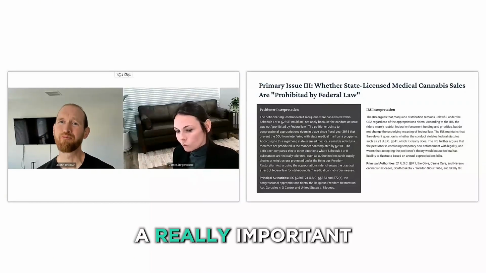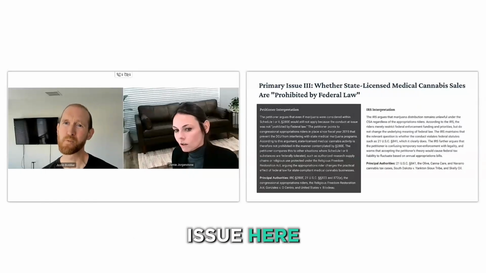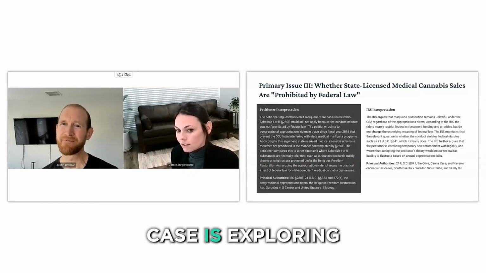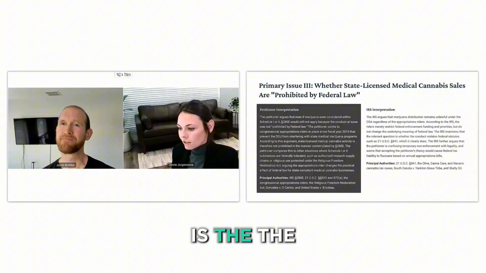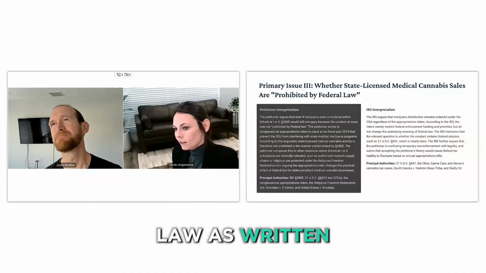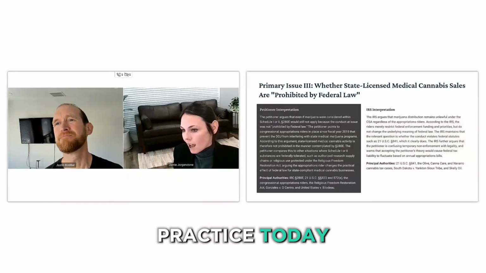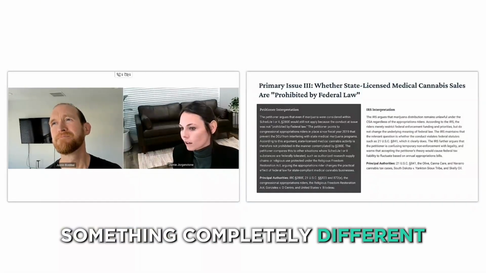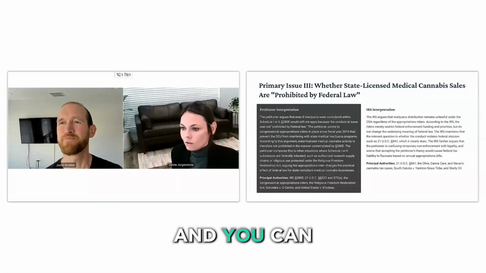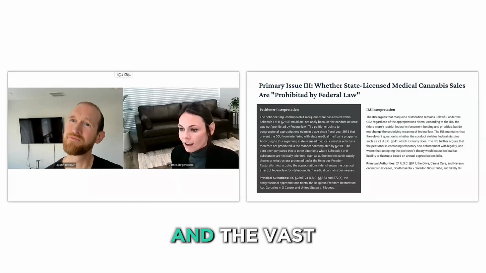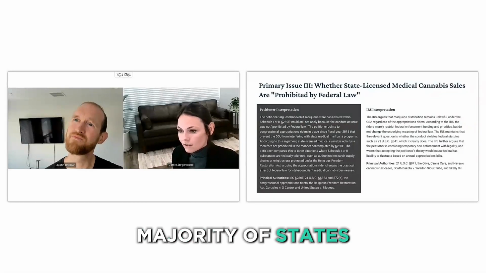And I think that's a really important issue this court case is exploring, that the law as written reads one thing, but in practice today, the reality is something completely different. You can walk down the street and buy legal marijuana in the vast majority of states now.